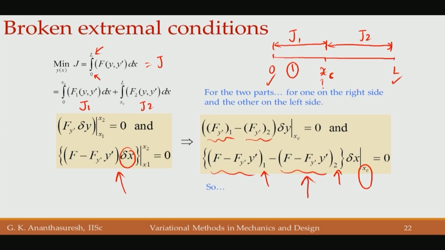So, f_y' and f minus f_y' times y' will be equal at that interface. If I say the curve on this domain is y1 of x, and on this other domain it is y2 of x, we are not saying that y1' is equal to y2' at xc, because that is the broken extremal.